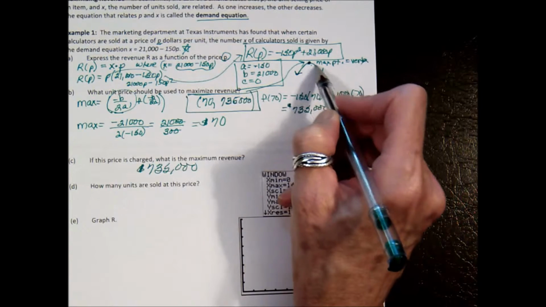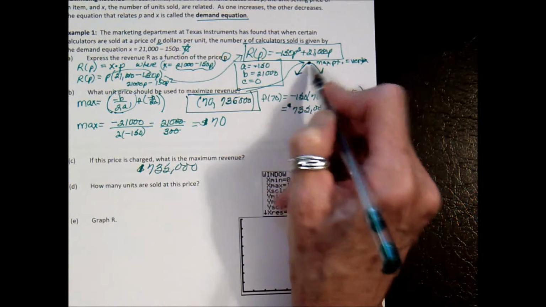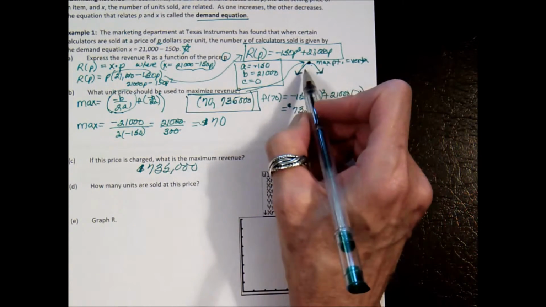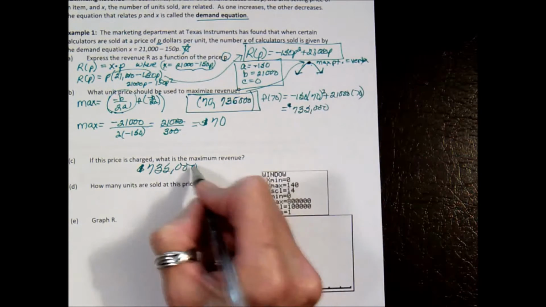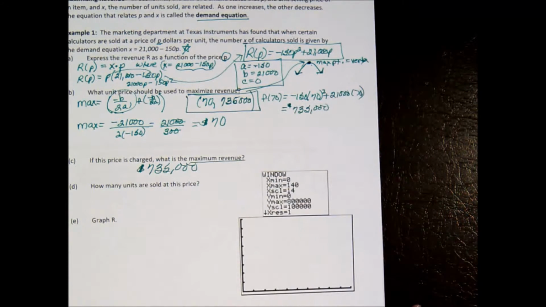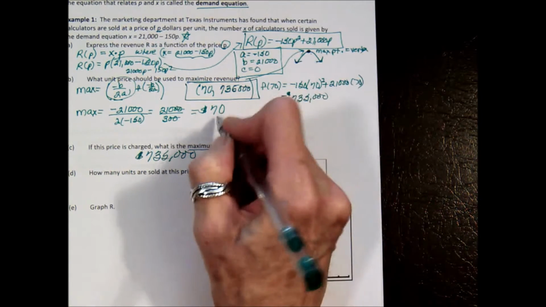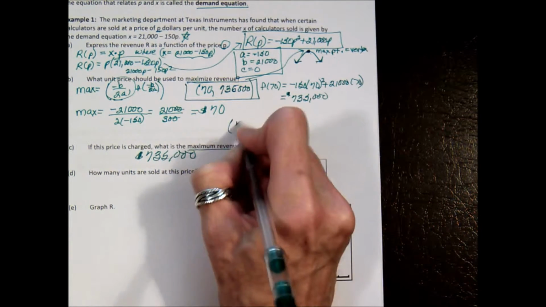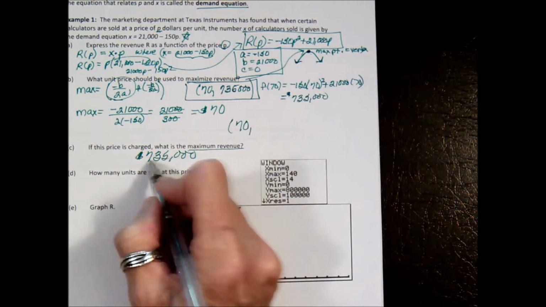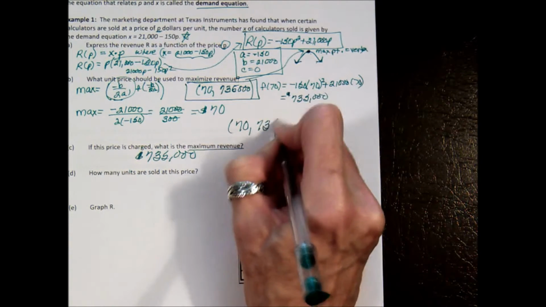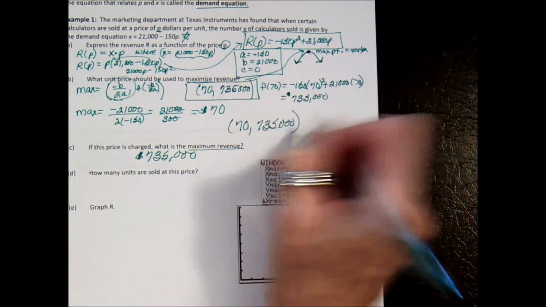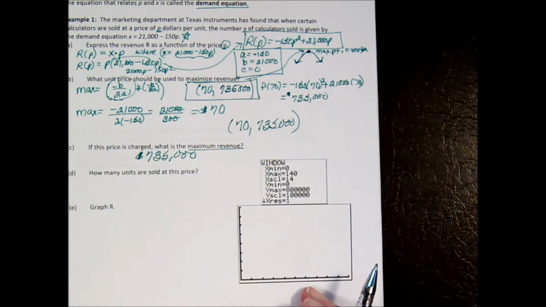If you charge more, your revenue is going to go down. But right there at that point, that's where you are maximizing the revenue. So I want to make sure you see the relationship between this number, the price of the calculator, and this number, the amount of revenue that you have at that max point.